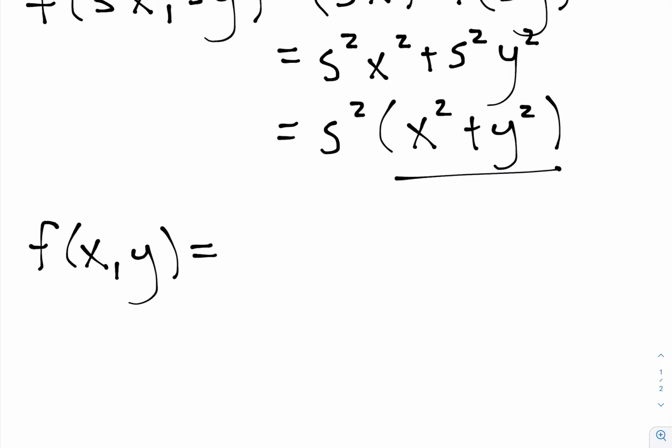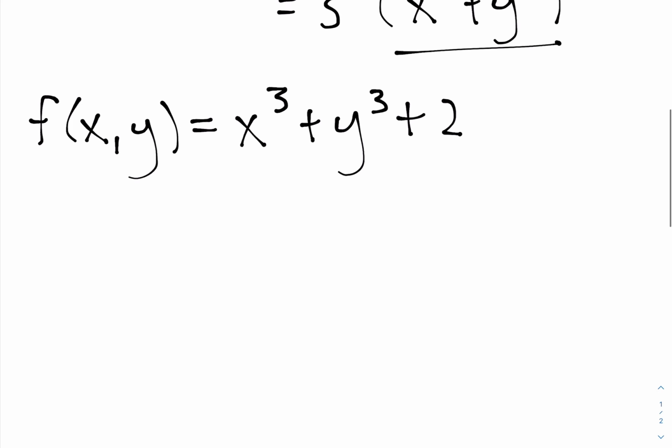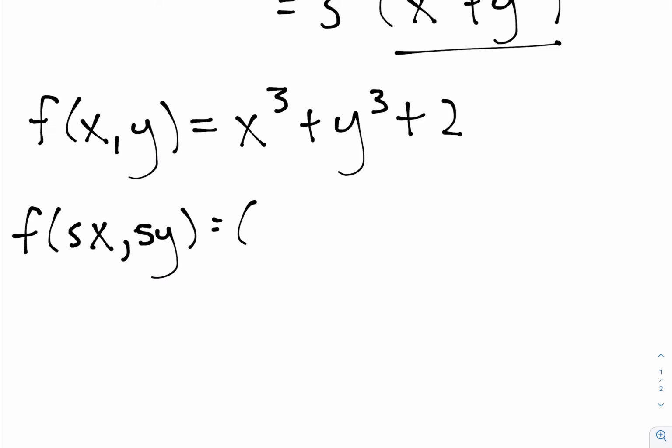So let's say we have a function, x to the third plus y to the third plus 2. If we multiply the components by some scalar s, we just replace x with sx and y with sy.